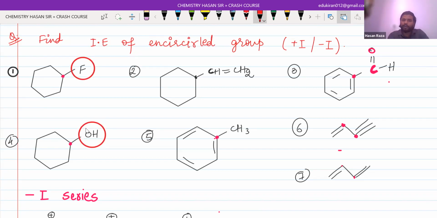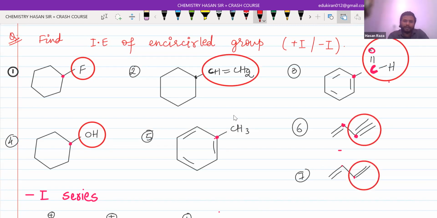You need to tell me whether fluorine is acting as plus I or minus I, whether CH2 is acting as plus I or minus I, whether CHO is acting as plus I or minus I, and so on. You just need to write in the chat box plus I or minus I. How many questions are there? 7 questions.